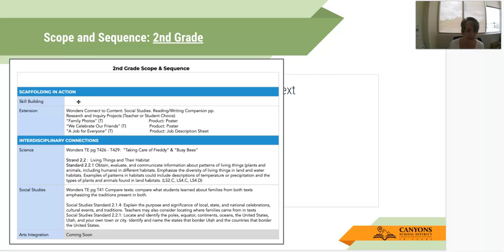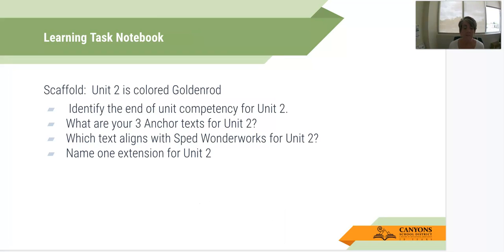So here is that next part of the scope and sequence. So I want you now to turn to your learning task notebook. I want you to look at Unit 2 in the document that was provided for you with the scope and sequence. It's kind of got that goldenrod color.